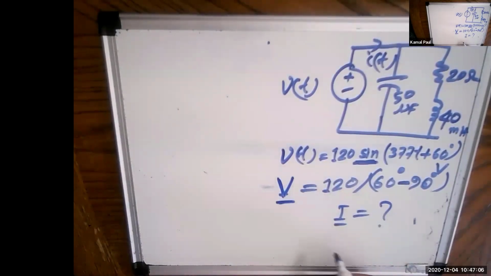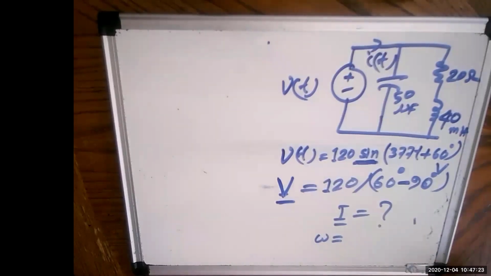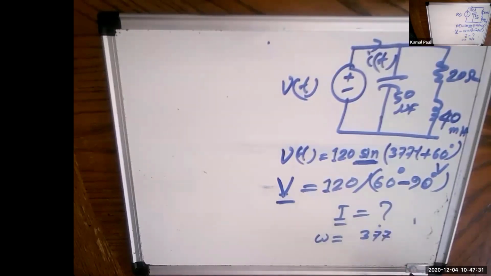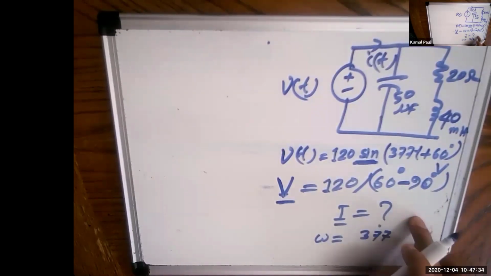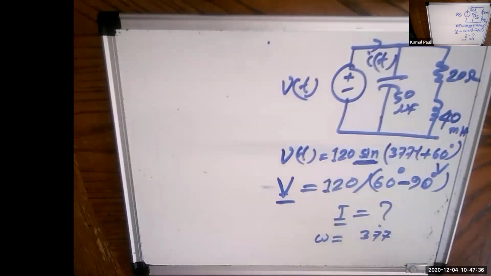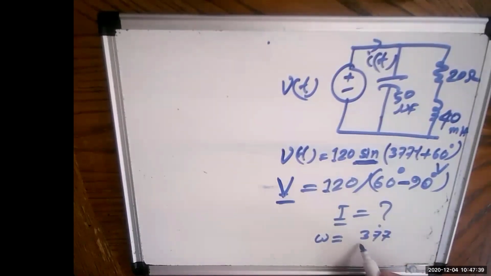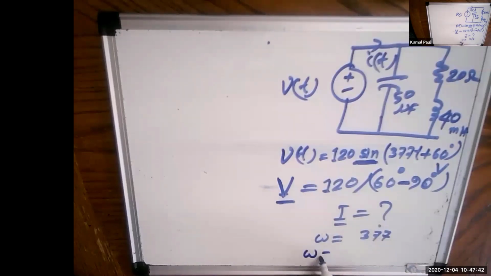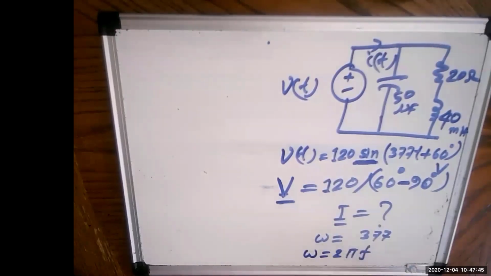So, what is the value of omega here? Just for your reference, in case you face any quiz, what is the value of omega? Omega is equal to 2 pi f, right?